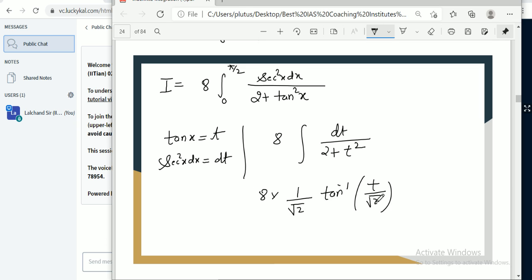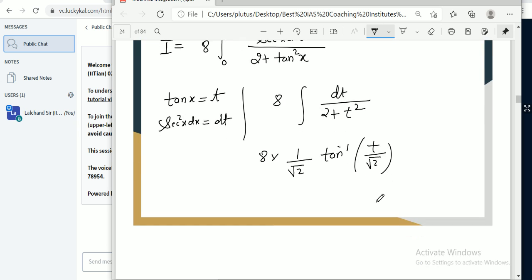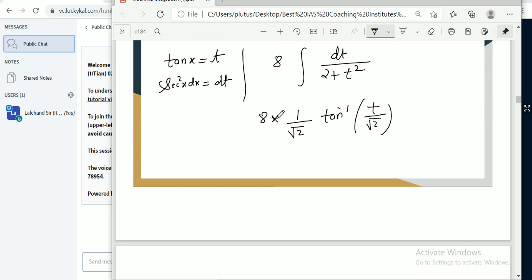If you back substitute the value of t, then finally I have 8 divided by root 2 tan inverse of tan x by root 2, and the limit will be here, that is 0 to pi by 2.